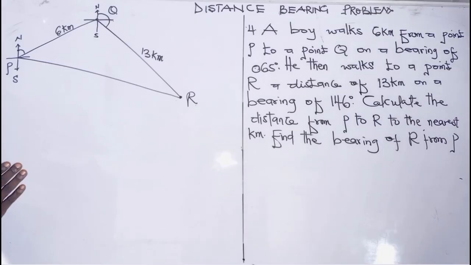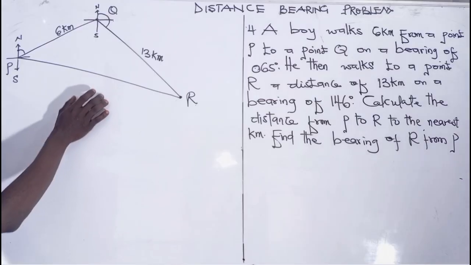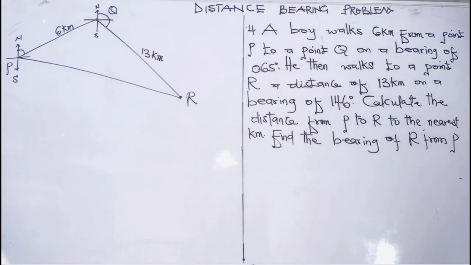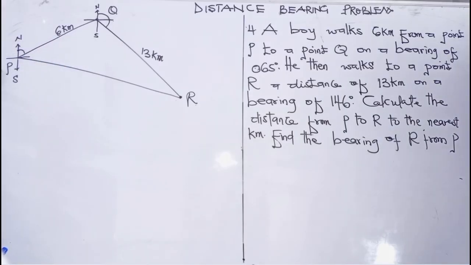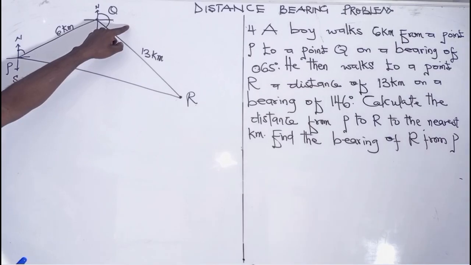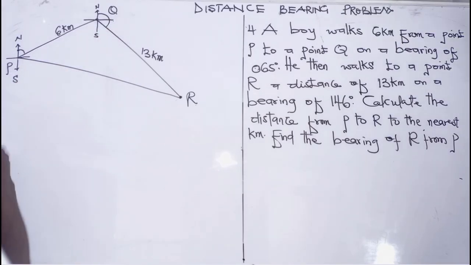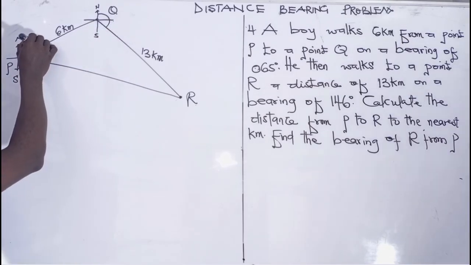Let's go through the question again to see if this diagram is in line with the question on the board. A boy walks 6 kilometers from a point P to another point Q on a bearing of what? 65 degrees. So this is 65 degrees.